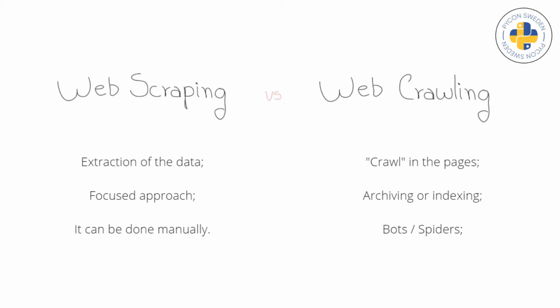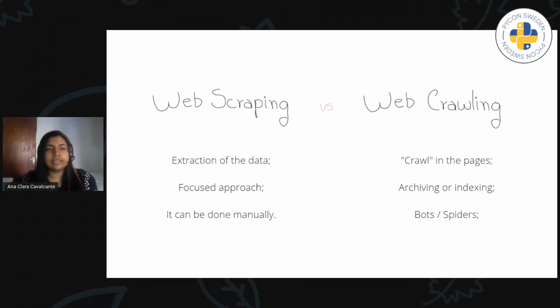First off, I would like to tell a little bit about the difference between web scraping and web crawling, because I see people get a little confused between these two terms. The main difference is that web scraping focuses on the extraction of data.